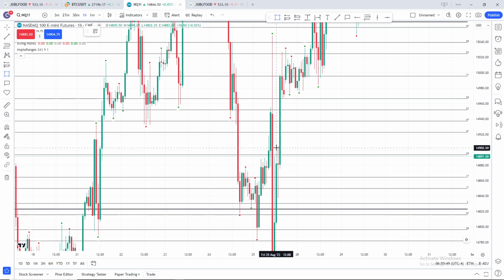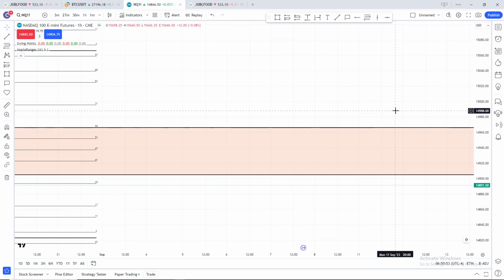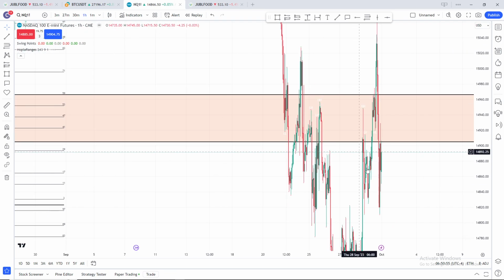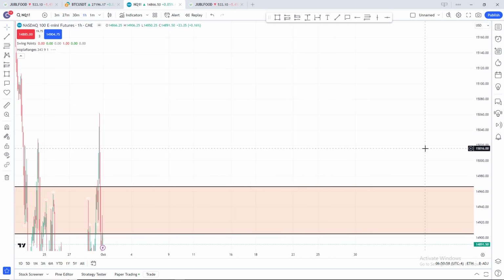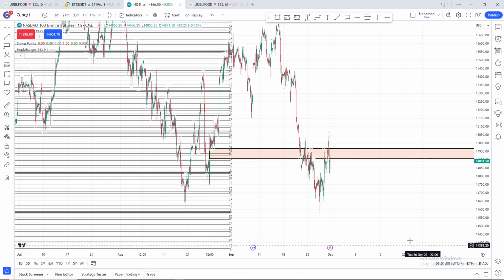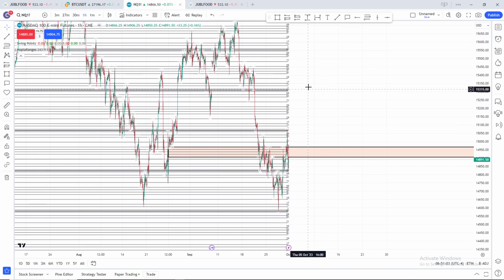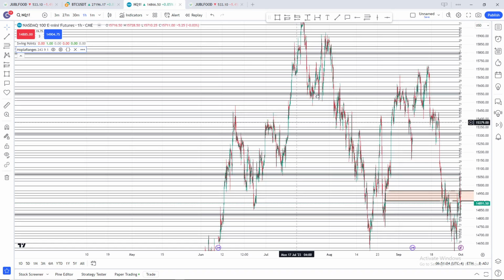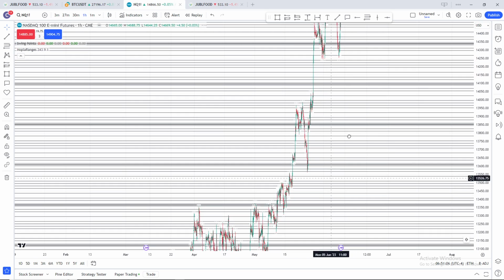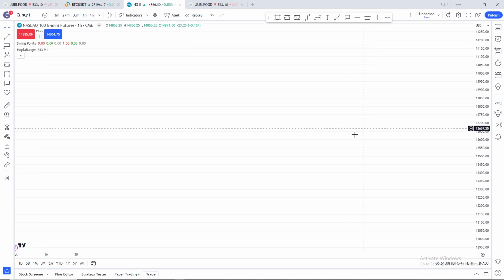So we expect something to happen in this fair value gap, because let me drag the rules here so you guys can see it clearly. I don't know where my rules went.